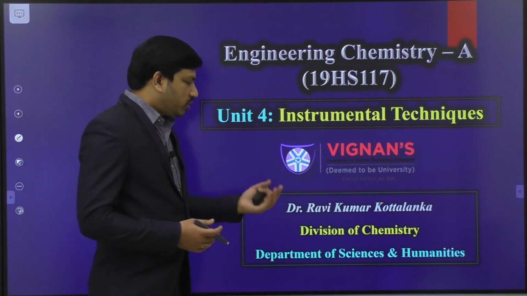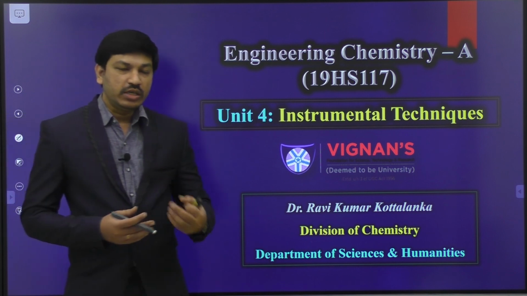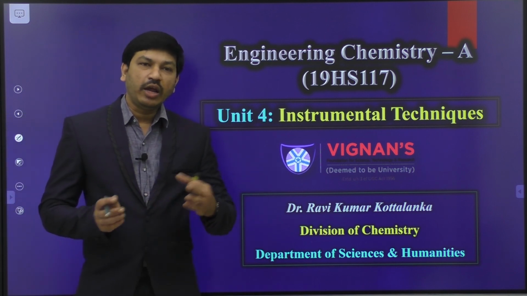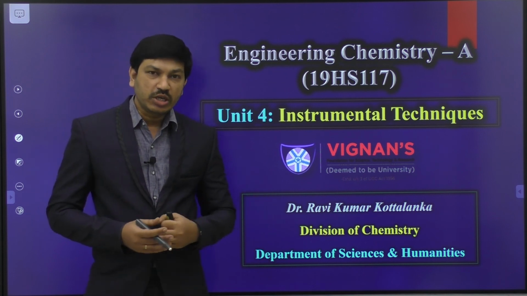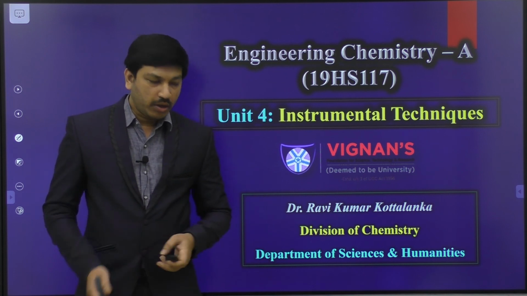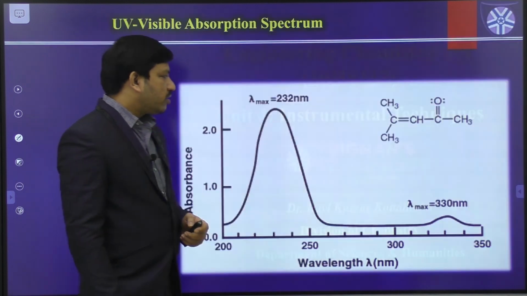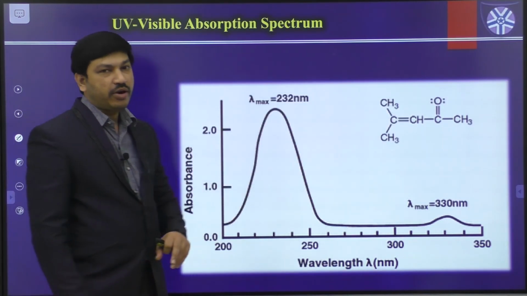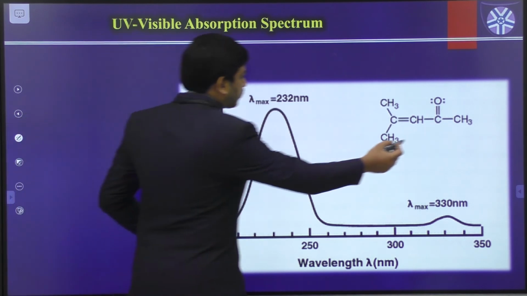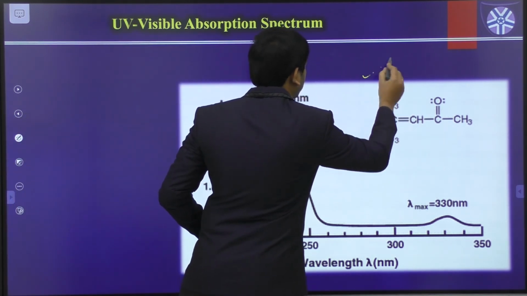So in today's session I am going to discuss a little bit more about the absorption spectrum and corresponding intensity and absorption shifts and all those things. In our last session we have already discussed the absorption spectrum of this particular molecule.